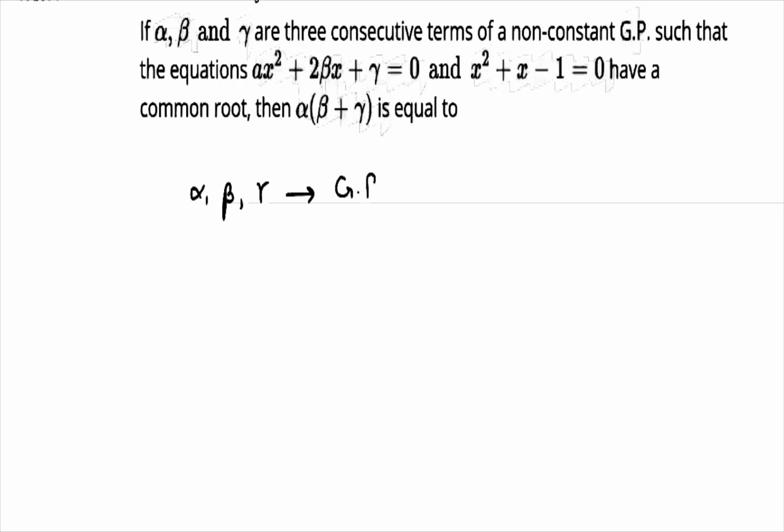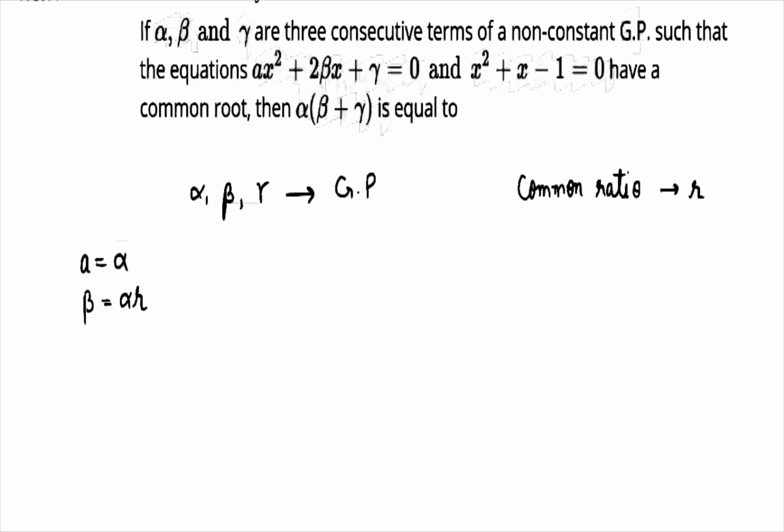These are in GP. So alpha is the first term, beta is the second term, and gamma is the third term because alpha, beta, gamma are three consecutive terms of a GP. Now let the common ratio of GP be r. If the first term A is alpha, then the second term is beta, so beta will be alpha times r.